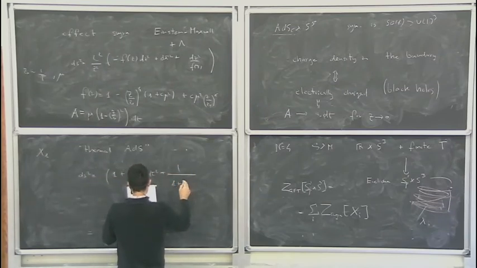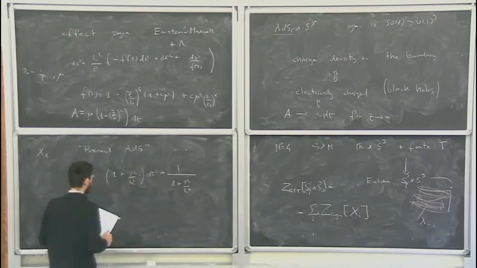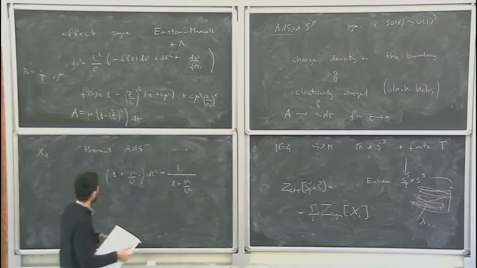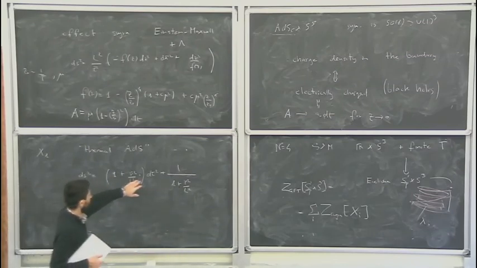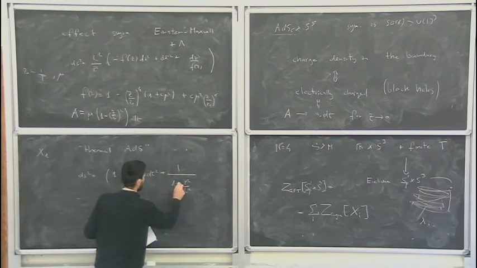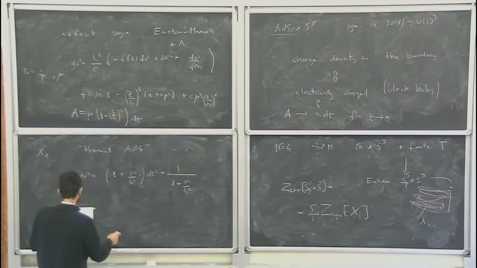It looks like the black hole metric that we discussed before, just with one important difference, or maybe two important differences. One difference is that here there is no minus, so in fact this function, this r, can go to 0, but that's just maybe an artifact of the coordinates.